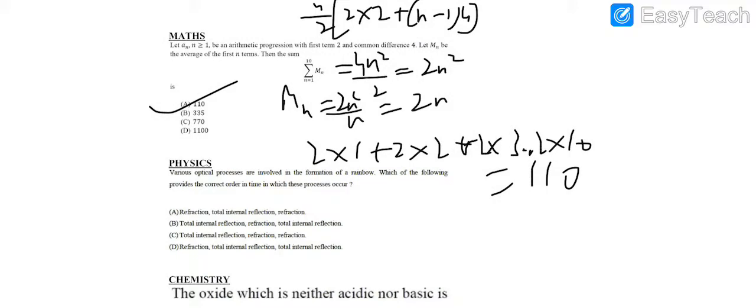Now let's go to the physics question. What are the series of events that takes place in the formation of a rainbow?